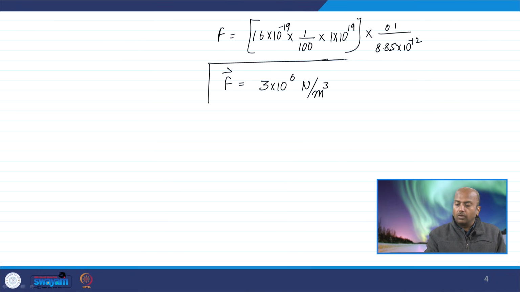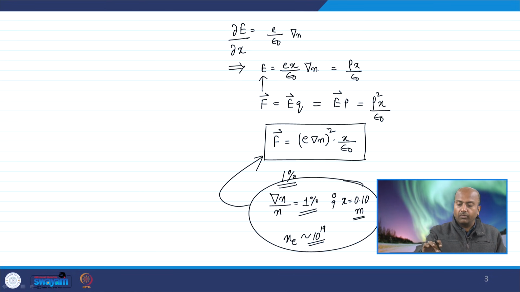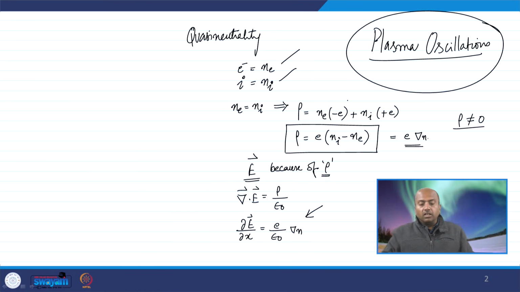Okay, now if you are wondering what am I doing, let us quickly recap what we have done. We are looking at the fundamental idea of quasi-neutrality, where without that, plasma will not have equal number of electrons and ions. Let us say we have a situation in which the number of electrons and ions are not equal, then there will be an effective charge or charge density, which can be obtained by using this simple expression.